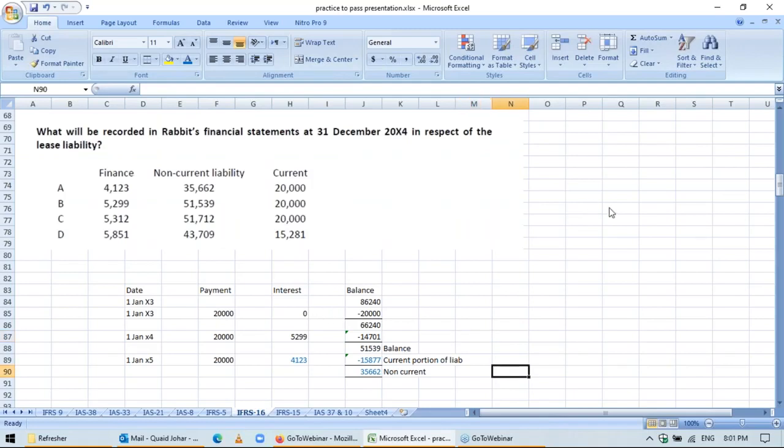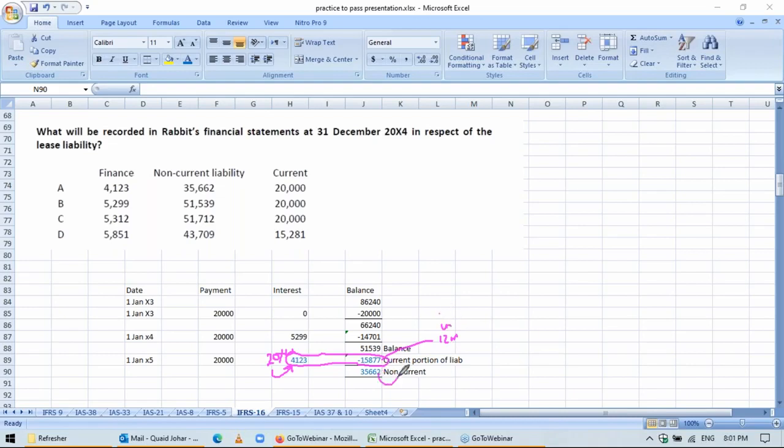Now see, you are now due to pay 4123 interest payment for the year 2004. This interest is due for the year 2004, and plus this amount is payable within the next 12 months, the principal amount. This is in 12 months time, right?